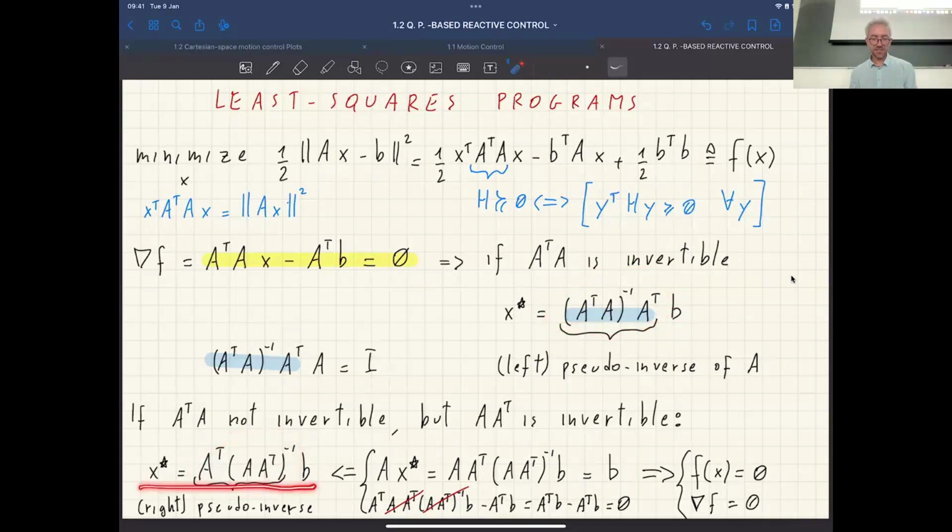I can verify that this is indeed the solution of this expression by simply substituting it into the expression.